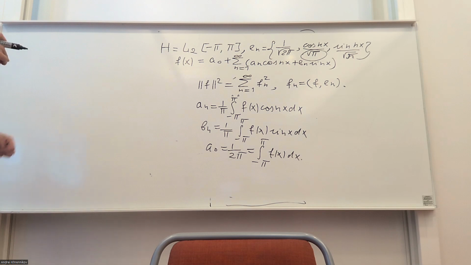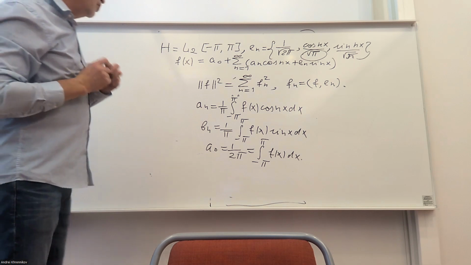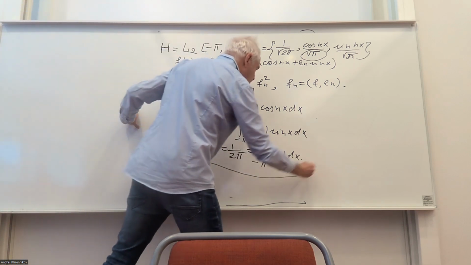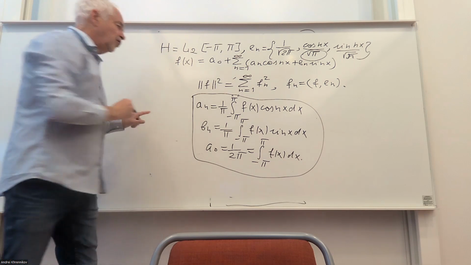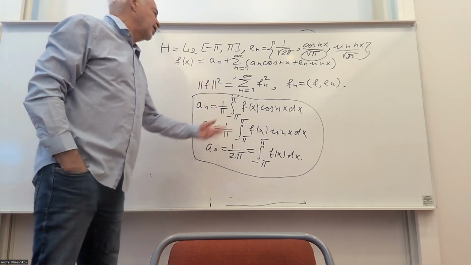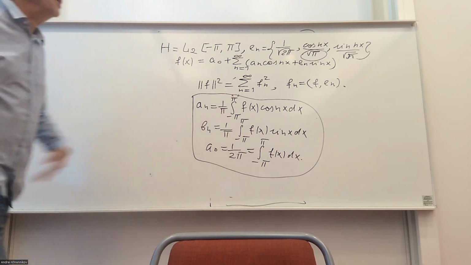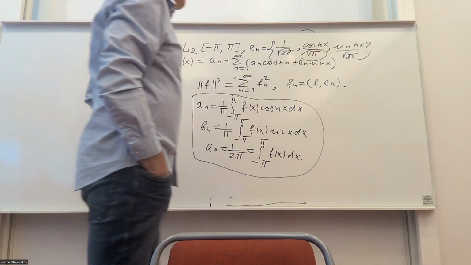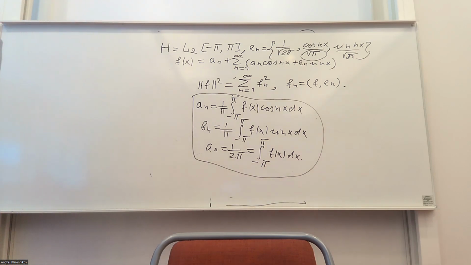Now we can write the Parseval equality. These are formulas, and this also would be a part of the examination. There always would be some function, and you should write its Fourier series. You can just memorize these formulas, or just remember that it is a basis in our space.